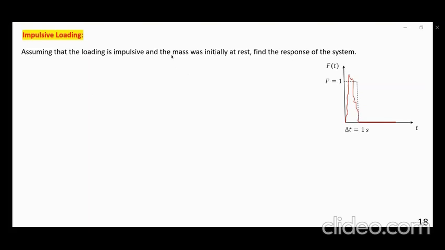Now, I'm assuming that it's an impulsive force like this, short duration, and then it drops to 0, with the mass starting from the rest condition. Okay? Find the response of the system.